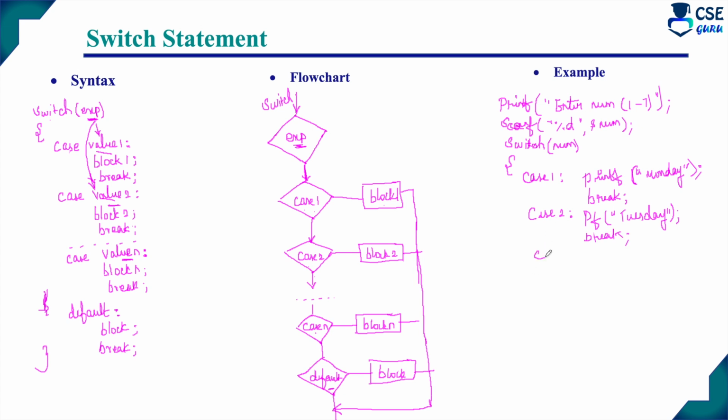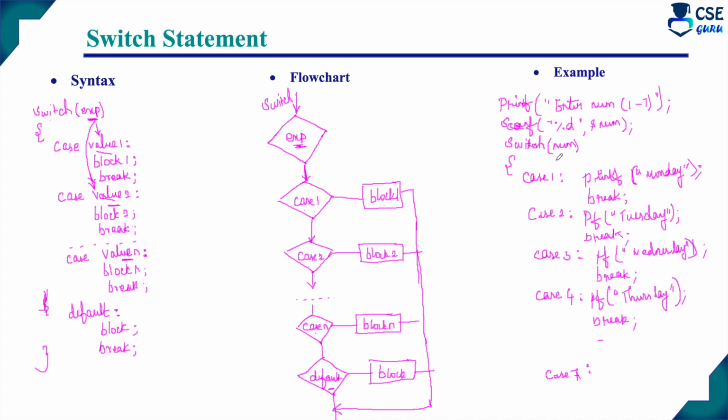If the case alternative is 4, printf Thursday and then break. Likewise, case 5 Friday, case 6 Saturday, case 7 Sunday. Up to case 7 you have to enter here.